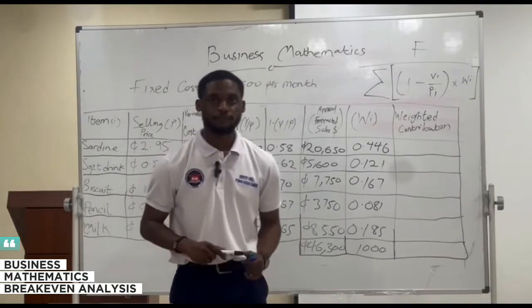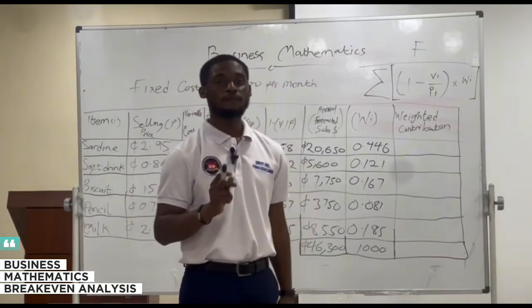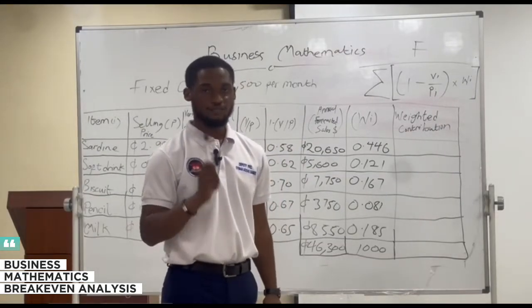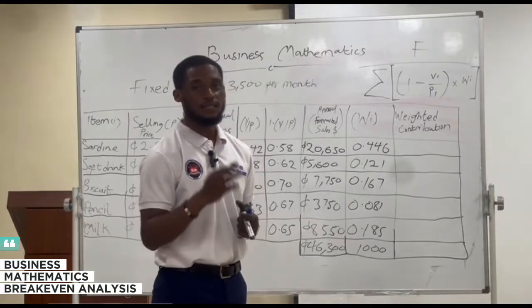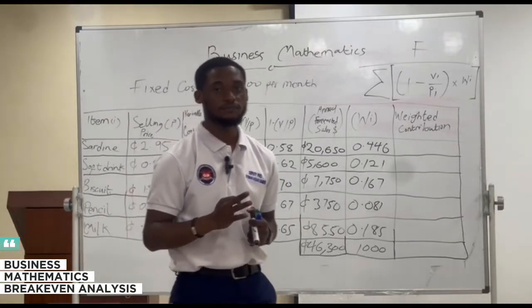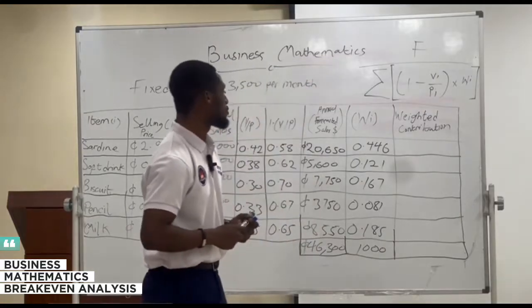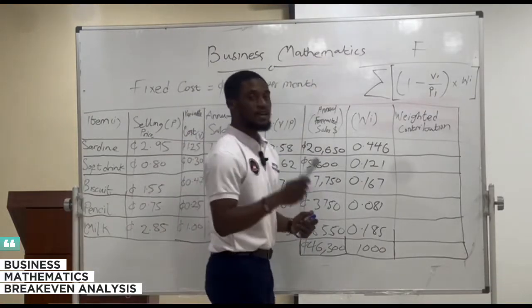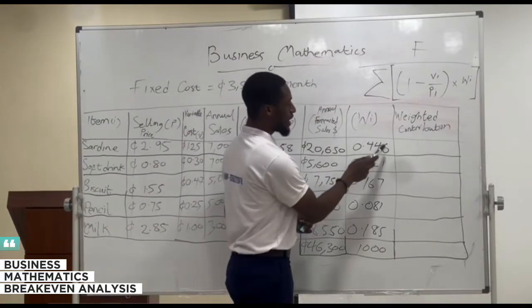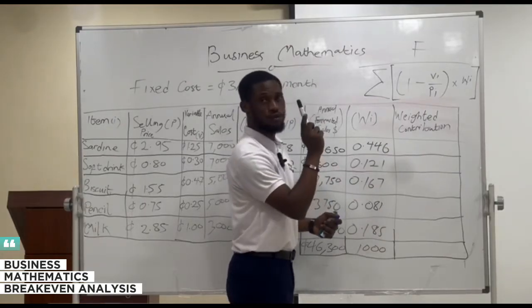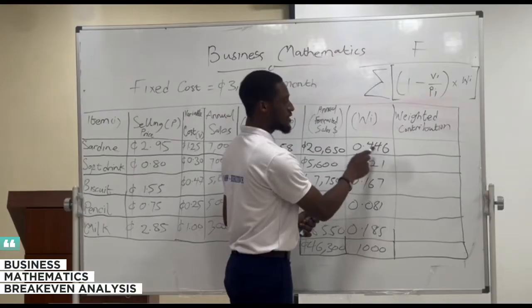Note this: don't leave your figures in 2 decimal places, but rather leave your figures in 3 decimal places. So there won't be any need for you to round this up, add it to this to get 0.45. No. But rather leave it in 3 decimal places.